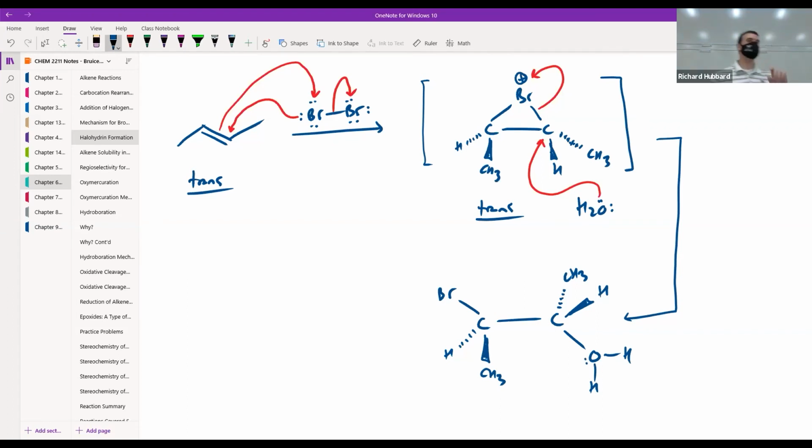If an oxygen attacks with a lone pair to form a new covalent bond, that means it's deficient by 1 electron, so it would be an oxonium ion, a positively charged oxygen. So we got a positive charge here, and we got to get rid of that positive charge. Now, the oxygen has a way of getting rid of the positive charge that the bromonium doesn't. The bromonium just has to grab a covalent bond.